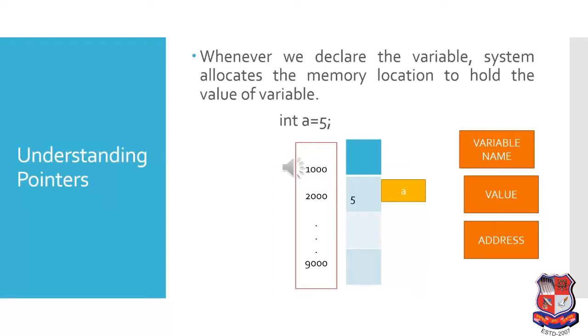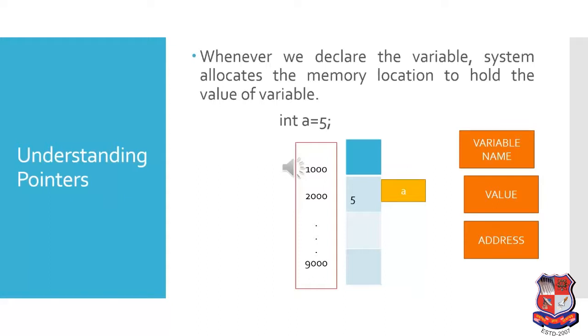Right? Now, look at the block diagram. The blue cell denotes the memory locations. With respect to every memory cell, we have a particular address. The red boundary rectangular box denotes these addresses. Now, a is assigned the memory at the address, let us say 2000.